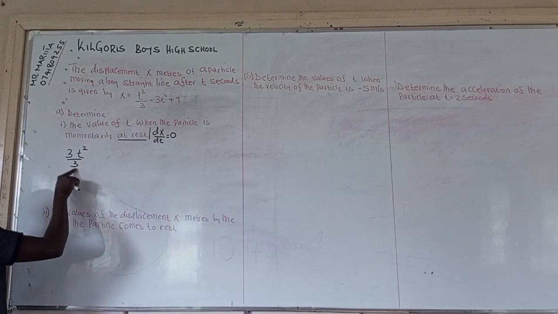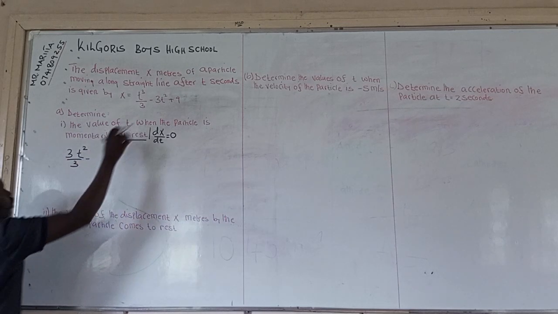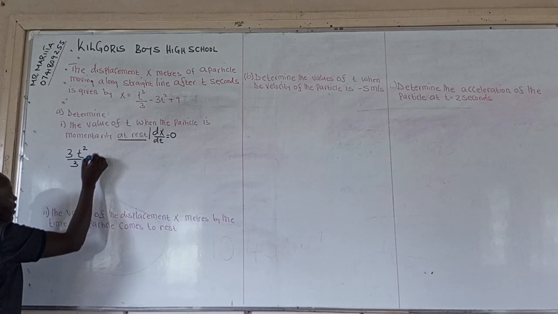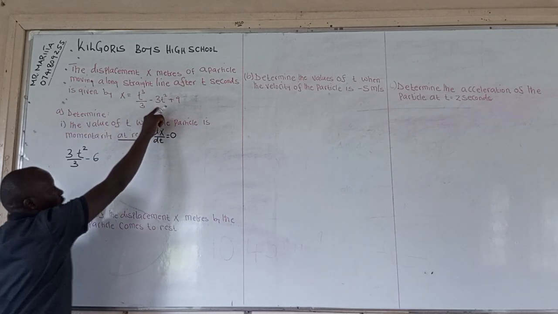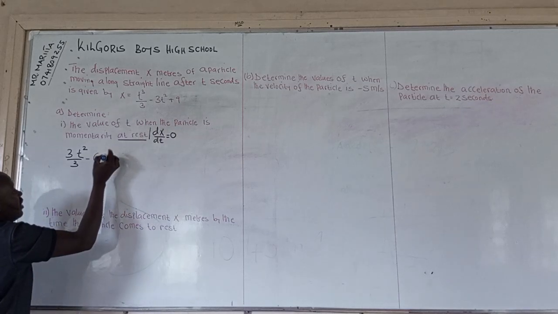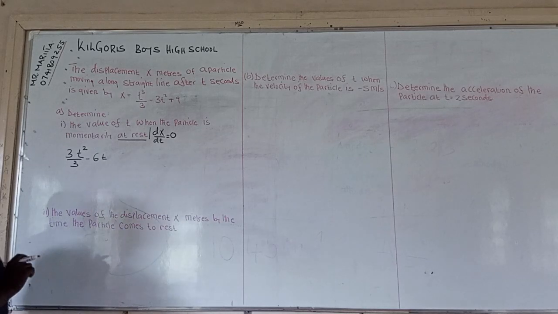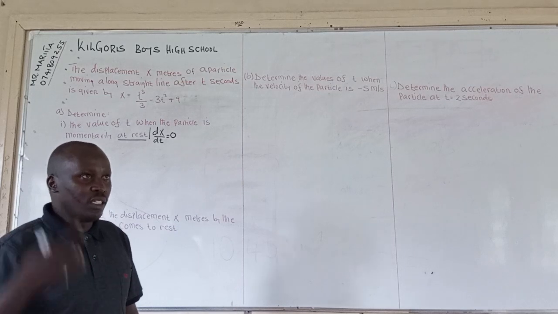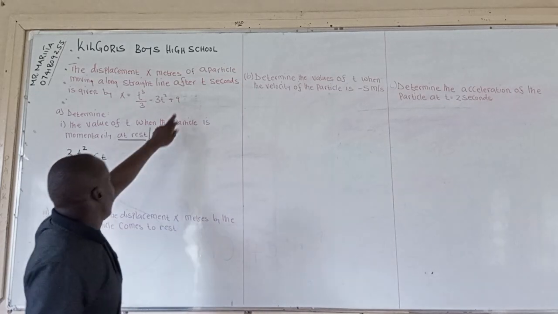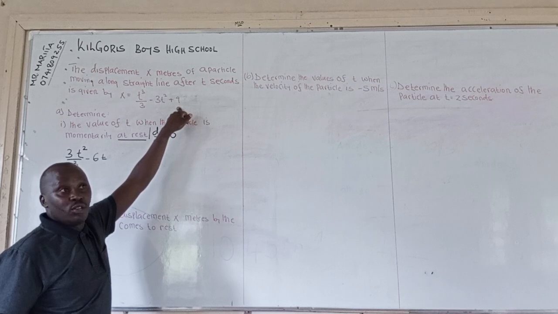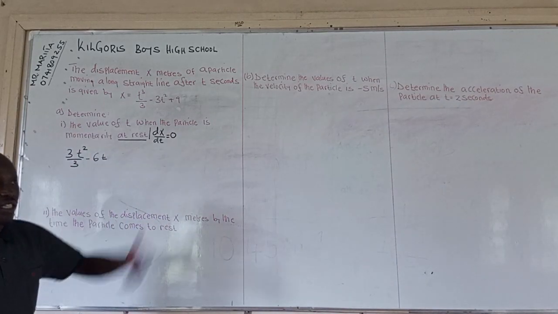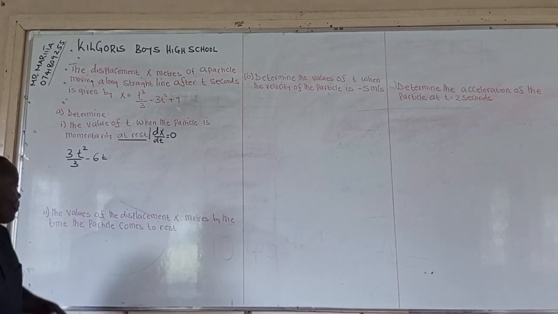Then minus 2 times 3, which is 6, reduce the power by 1, and we remain with t to power 1. And you understand that the derivative of any constant is equal to 0. It means the derivative of the constant 9 is 0, therefore we cannot include 9 here.